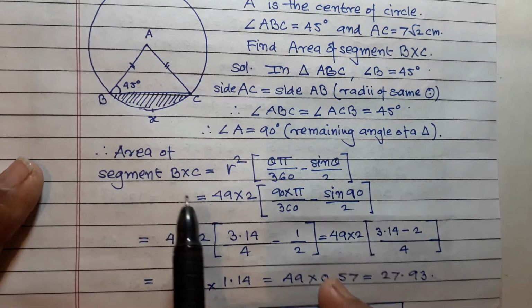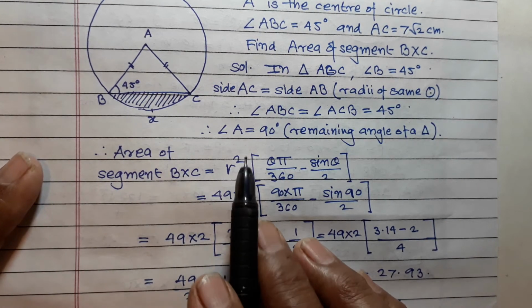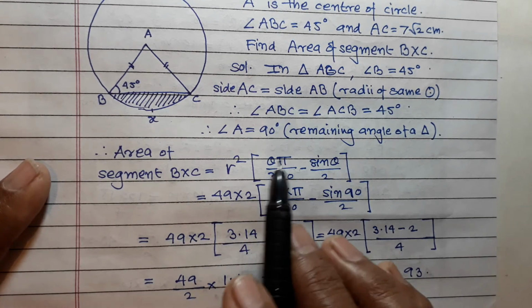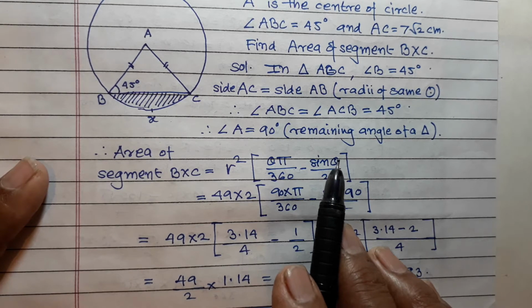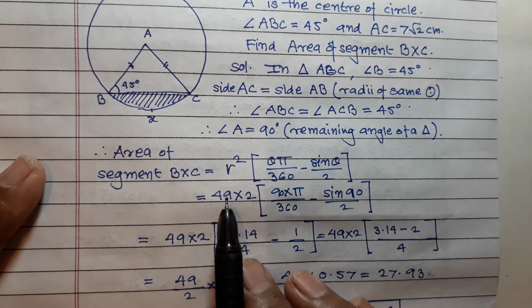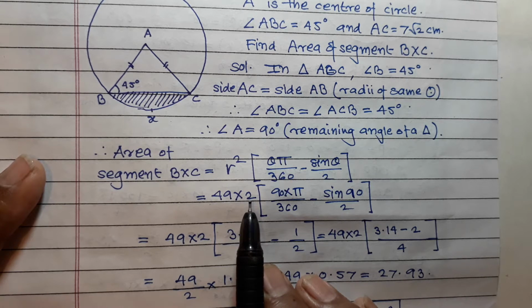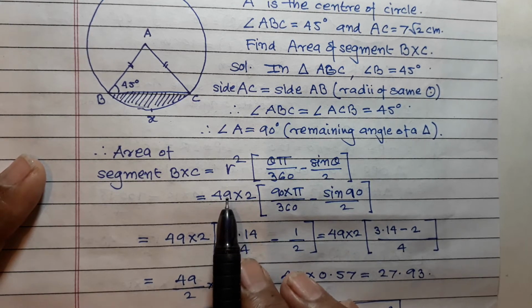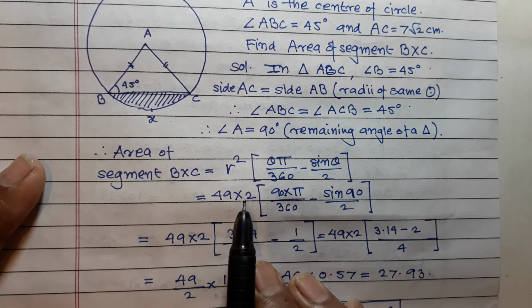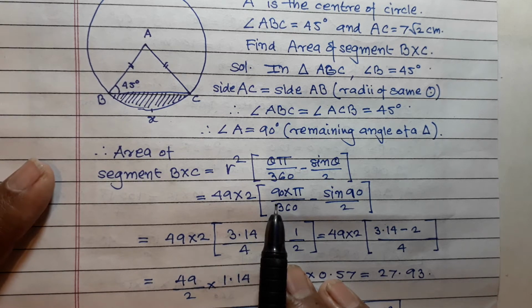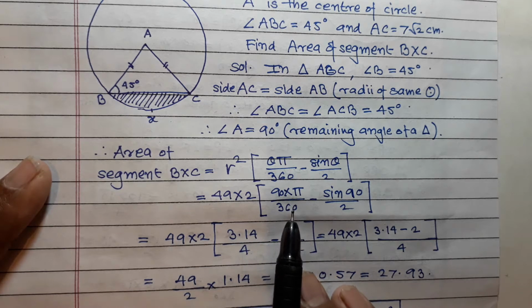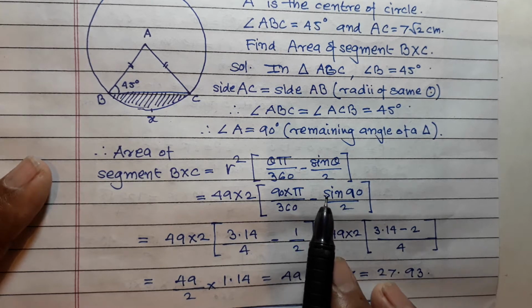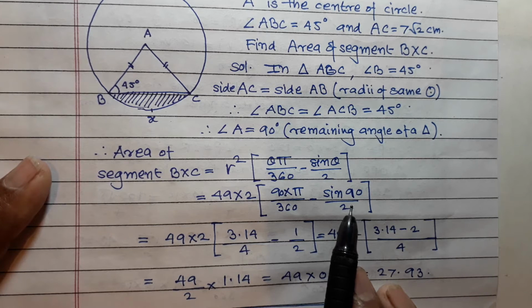So area of segment BXC is equal to R square into bracket theta pi upon 360 minus sin theta upon 2. So it is equal to 49 into 2, since radius squared is 49 into 2, into bracket 90 into pi upon 360 minus sin 90 upon 2.